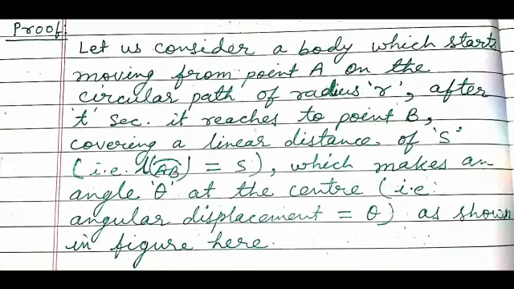So now in order to prove it, let us consider a body which starts moving from point A on the circular path of radius r. After t seconds, it reaches the point B, covering a linear distance of s, that is length of arc AB is equal to s, which makes an angle theta at the center, that is angular displacement is equal to theta, as shown in the figure.